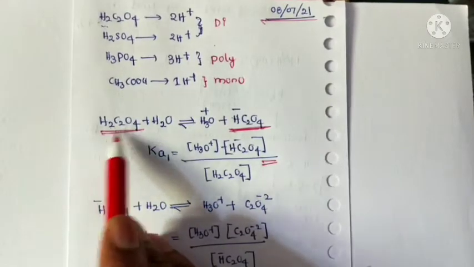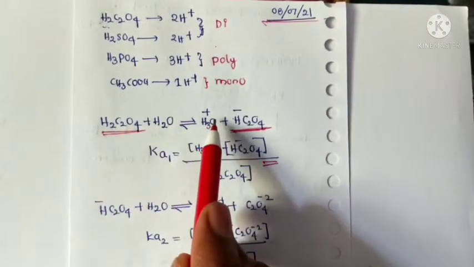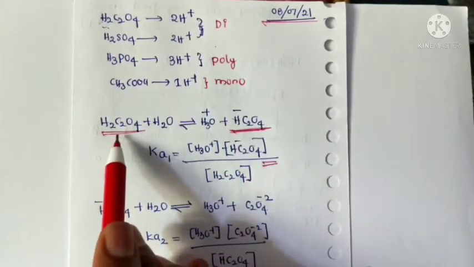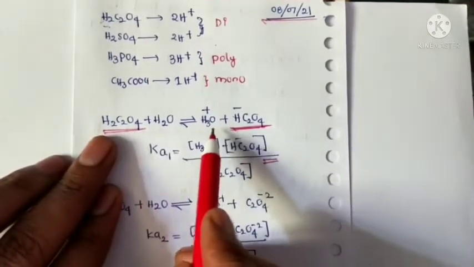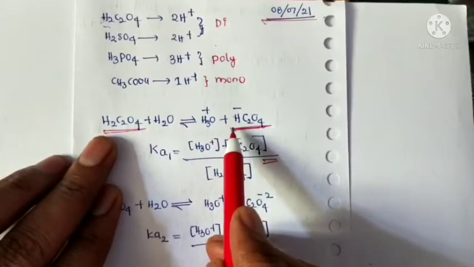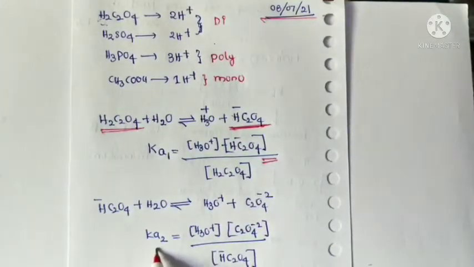That means the neutral molecule easily donates the H plus ions, that means it easily dissociates into ions, compared with the second ionization of the acid.